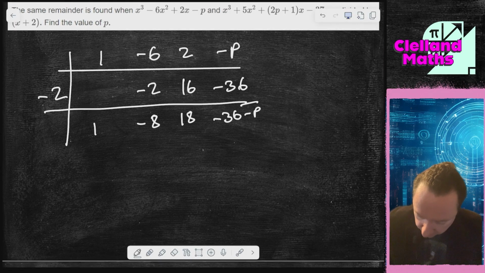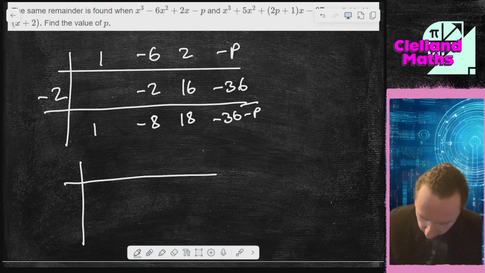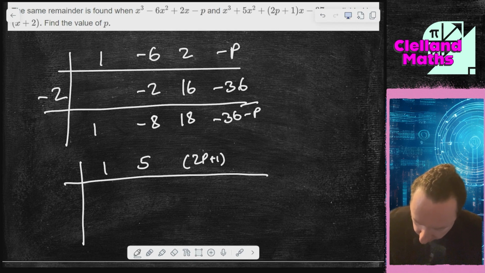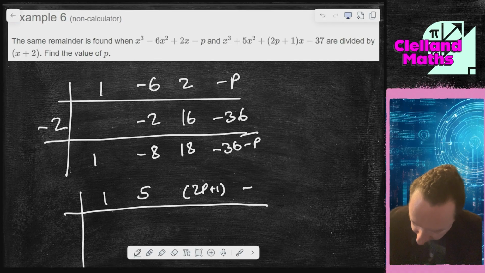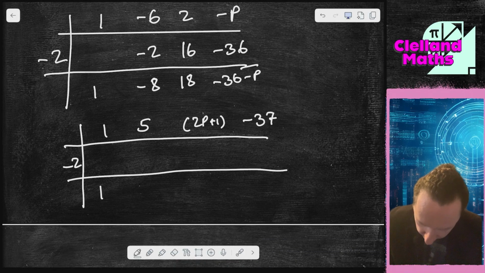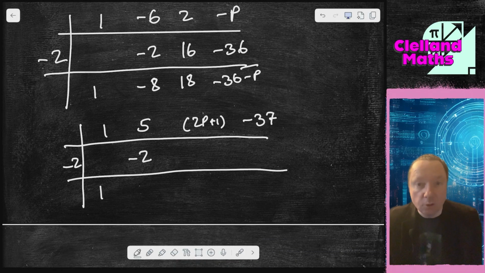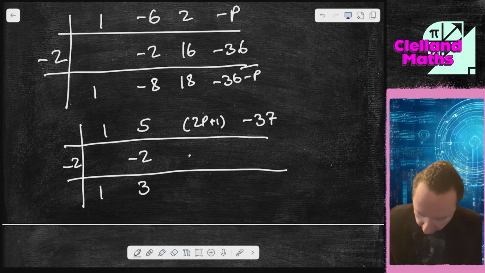And then the next one, 1, 5, 2p plus 1, and minus 37. And we're subbing in minus 2 again. 1, minus 2 plus 5 is 3. 3 times minus 2 is minus 6. 2p plus 1 minus 6 is 2p minus 5.